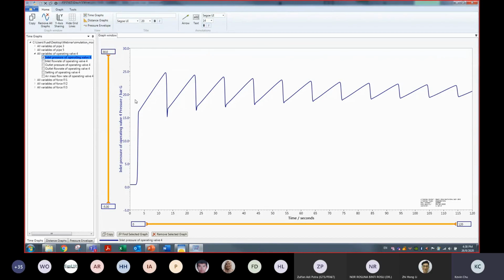If your design pressure for the piping is about 20 bar gauge, then in this system it will cause some safety issues or maybe operating issues to the piping. So we need to find a way to mitigate this.